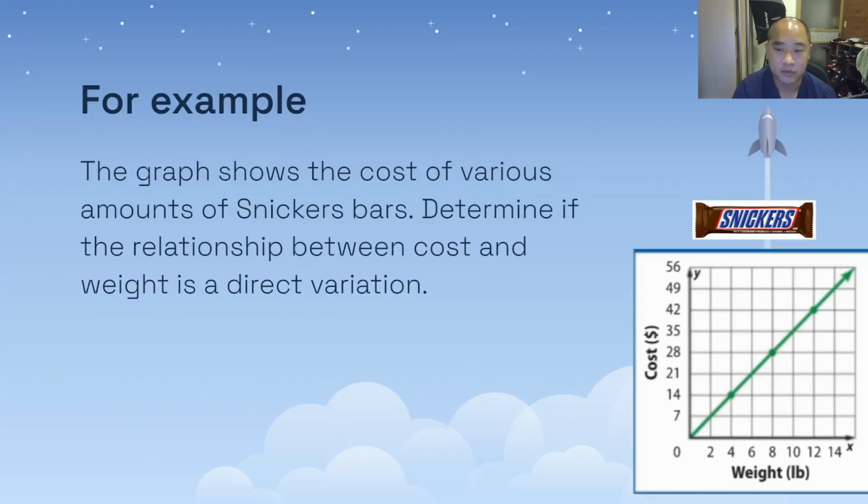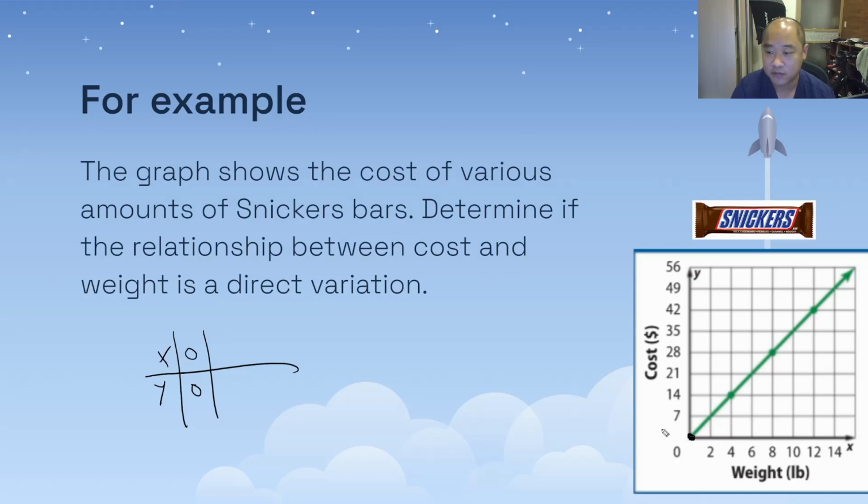So for example, let's say that we have this relationship between the weight of Snickers and the cost of Snickers. So is this a direct variation? Well, we can write some of these points. For example, if we have x and y, where x is 0, y is 0, right? Which is right here.